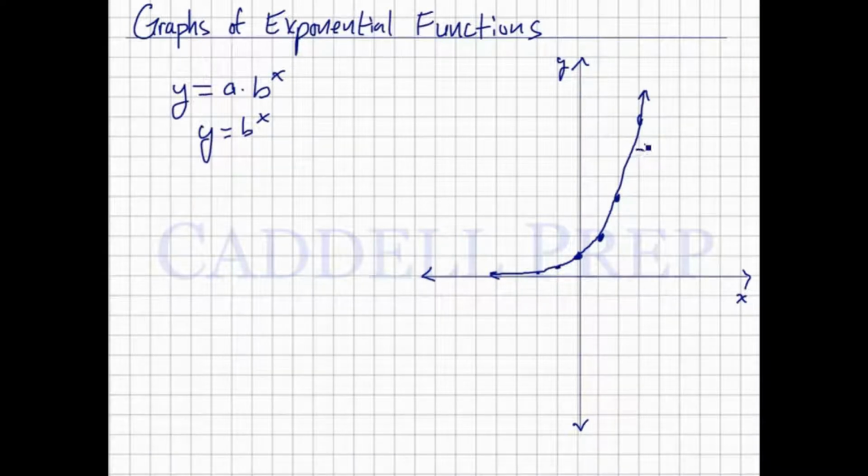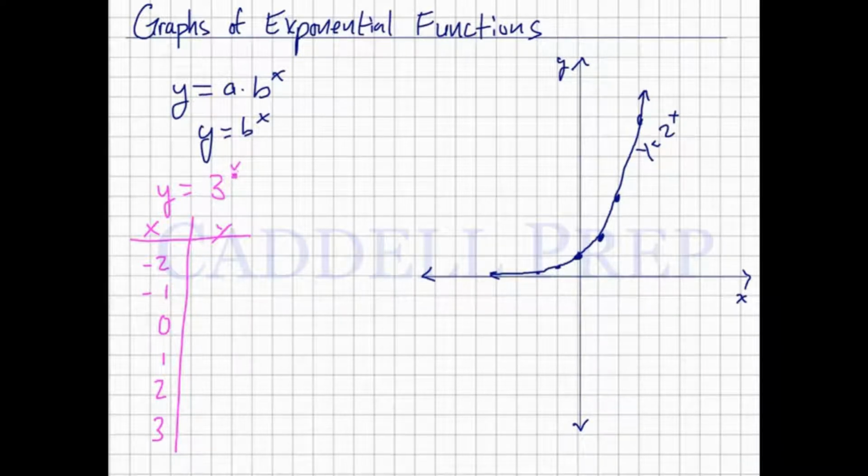So this is the graph of y equals 2 to the x. Let's see what the graph of y equals 3 to the x would look like. So put some of the same points here. And we'll start with 0.